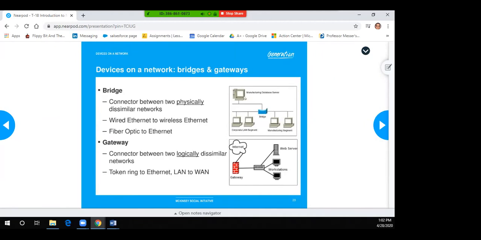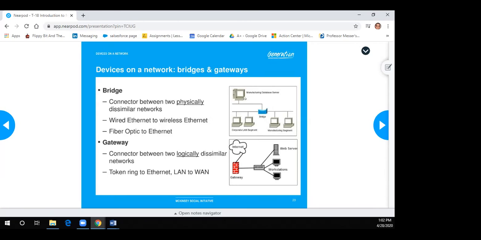So over here, we have bridges. As I stated before, they're connected between two physically dissimilar networks, usually different in topology sometimes, or even different subnets.